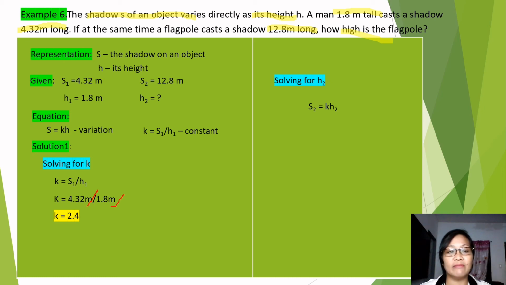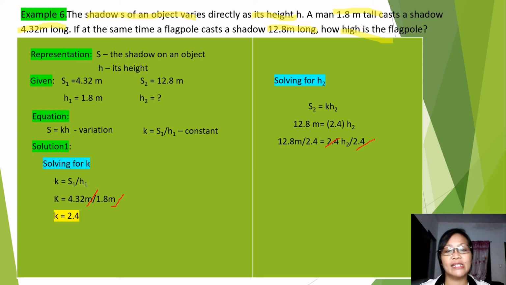Then, substitute the given. 12.8 meter is equal to K, which is 2.4 times H sub 2. To isolate H sub 2, we need to divide both sides by 2.4. So we have now 12.8 meter divided by 2.4 is equal to 2.4 H sub 2 all over 2.4. Then cancel 2.4 and 2.4.